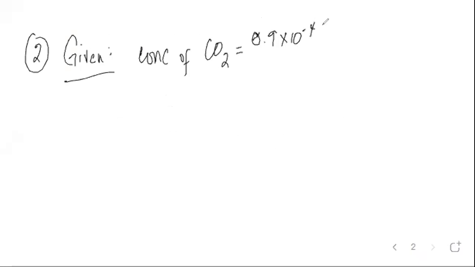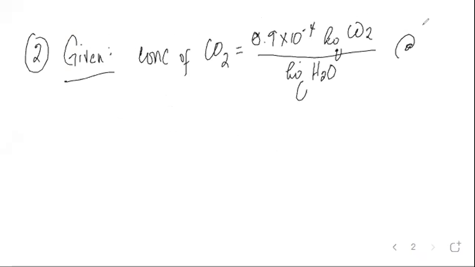This is kilogram CO2 per kilogram water. This is at a temperature of 303 Kelvin. Okay, this is the concentration of CO2. That's it. And you are required to determine the partial pressure of CO2.